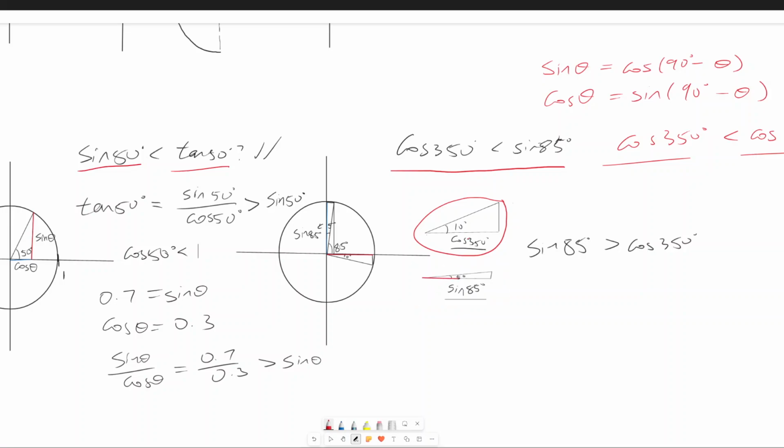This base here can be represented as sine 85 or cos 5 degrees. Same principle as before: as the angle gets bigger, the base of the triangle is going to get smaller. Therefore, cos 350 is going to be less than cos 5 degrees, because this triangle here has a larger angle, therefore it has a shorter base.